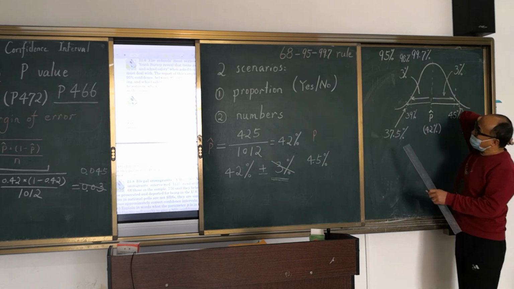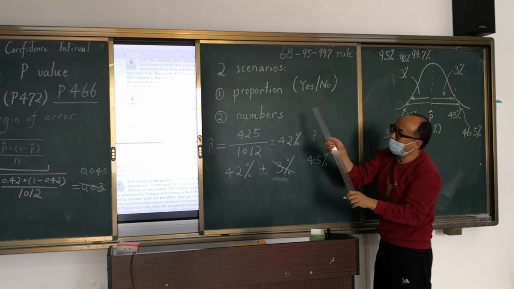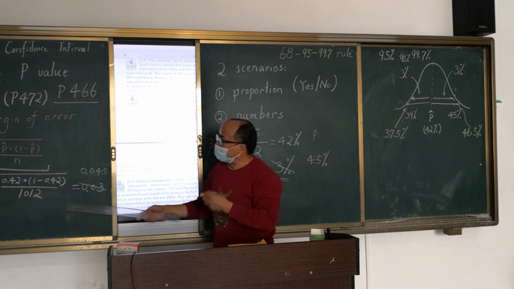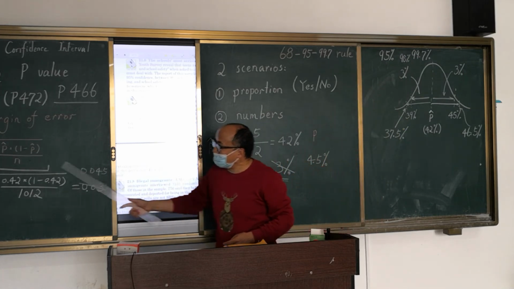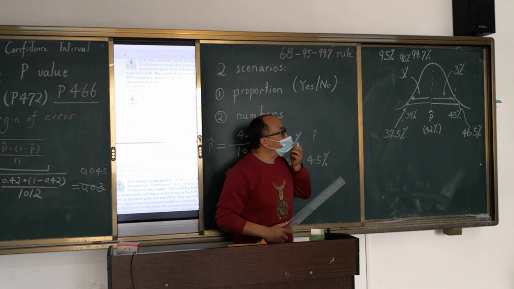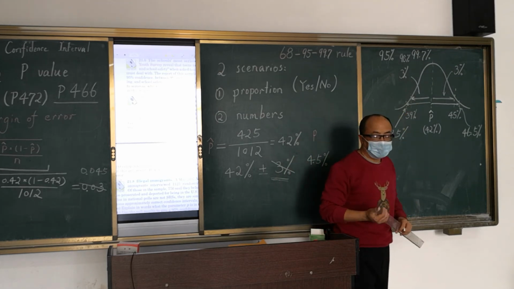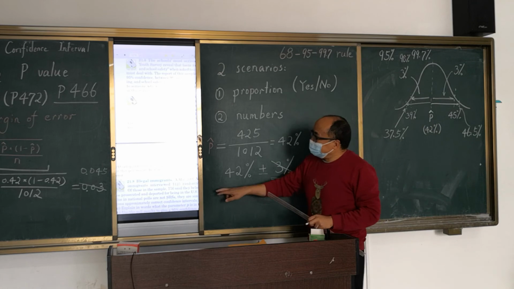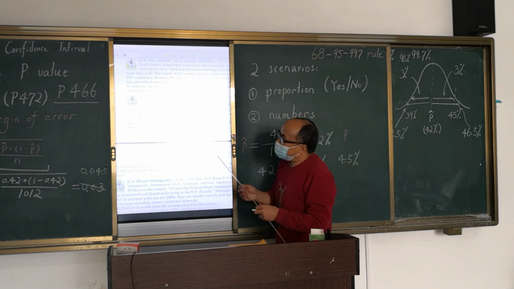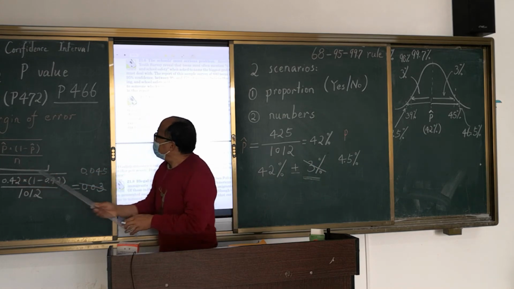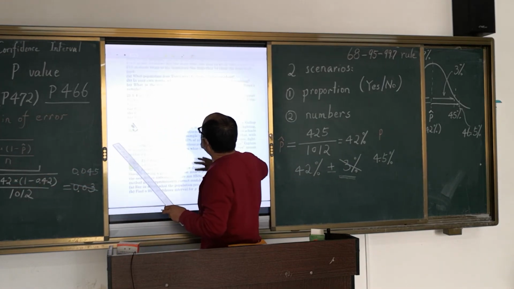You say, oh, my teacher told me for 95% confident we use 2, for 99.7 confidence we use 3. And your boss says, no, I want 98% confidence. So they generate a table for this, which is in our book.